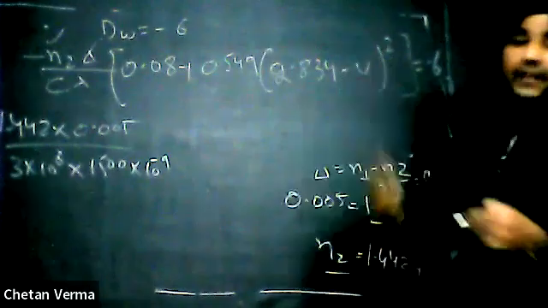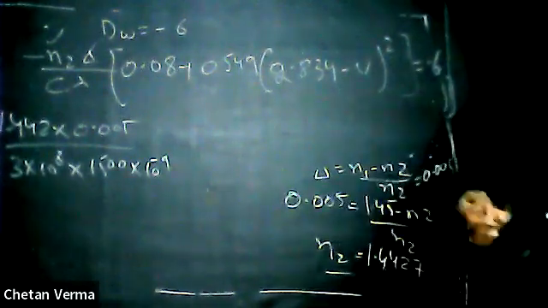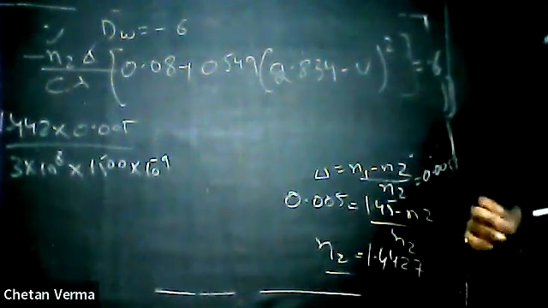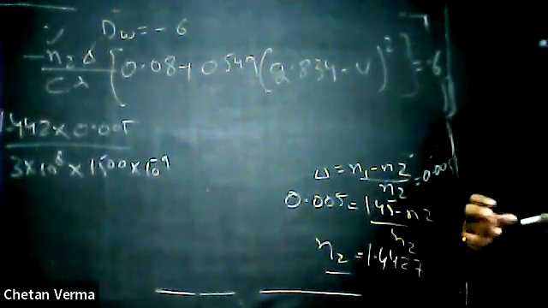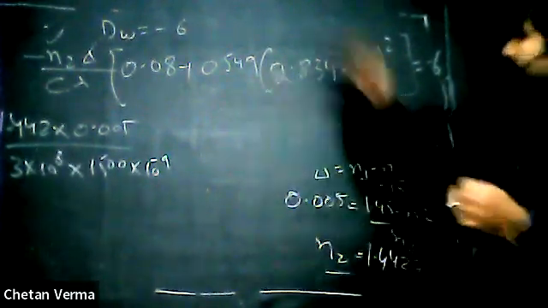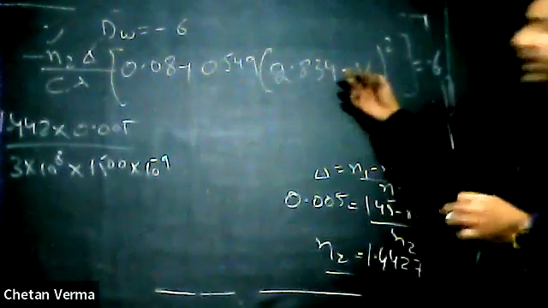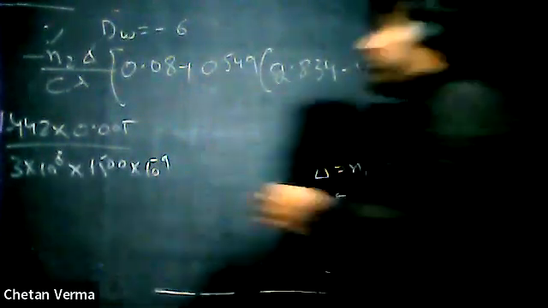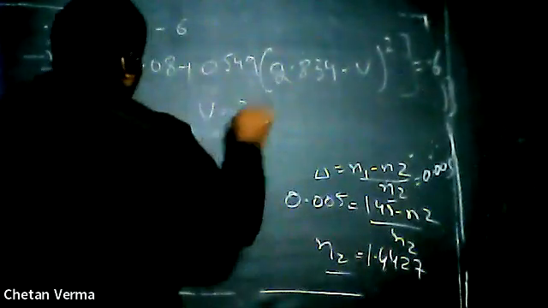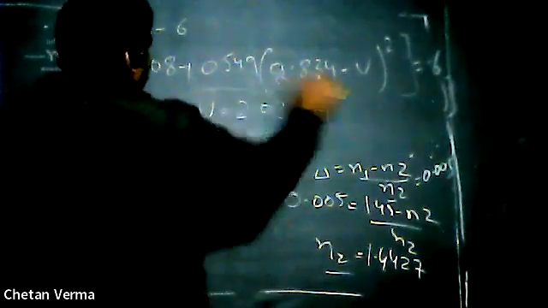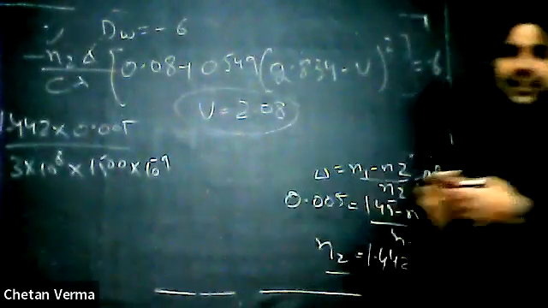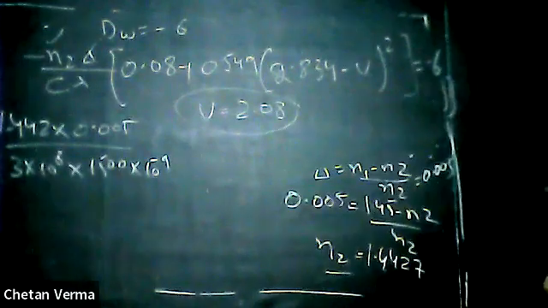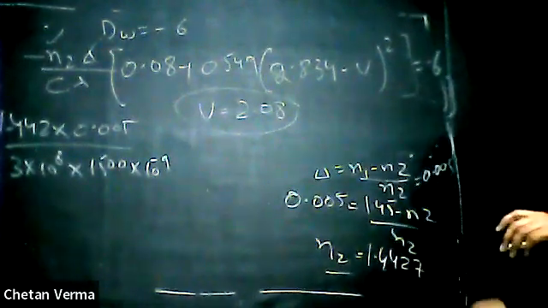This is V. What is the formula of V? According to that particular solution, you have to find the value of V. V should be equal to 2.08 from that particular equation. After the mathematical calculation, V is equal to 2.08.